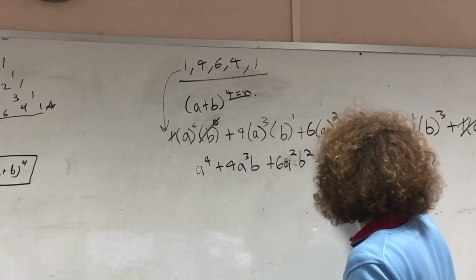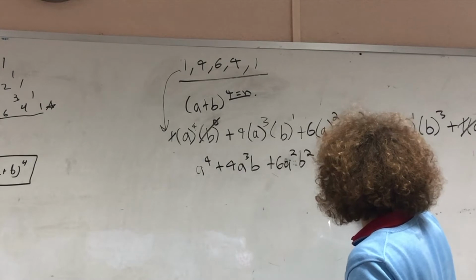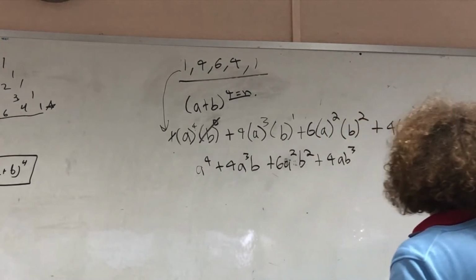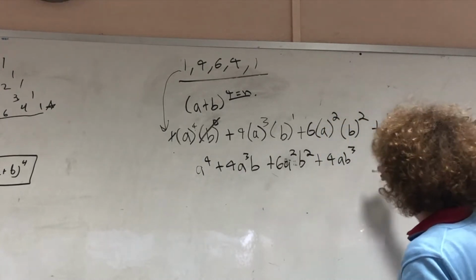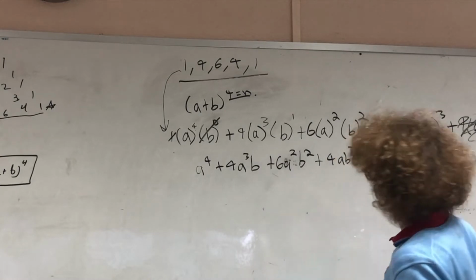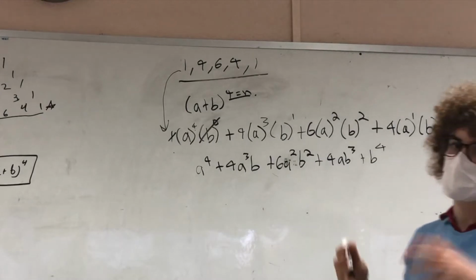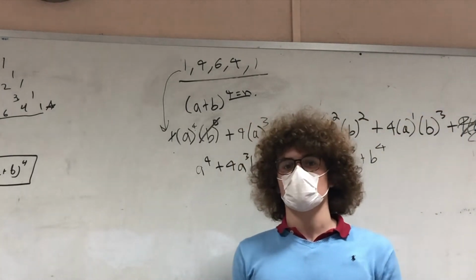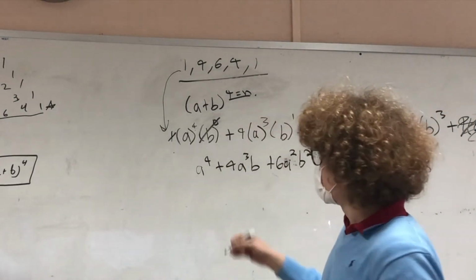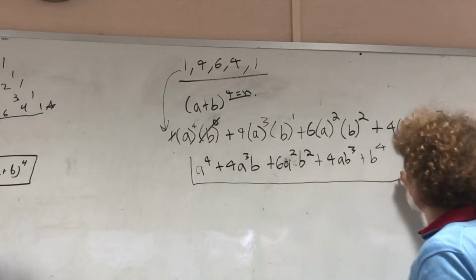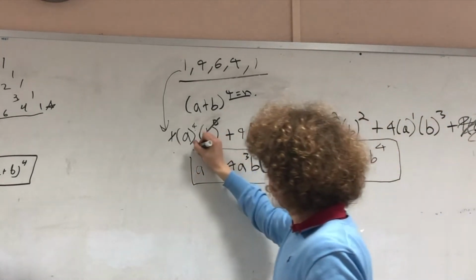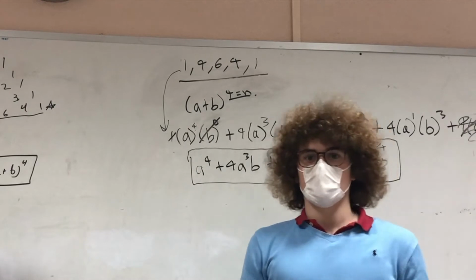This means 4ab cubed. And what does this mean? We took out this stuff, so it's just plus b to the exponent of 4. Now, this is exactly the same solution that we solved with that arduous method we found earlier. So utilizing the binomial expansion, we can simplify the expression and our lives a lot quicker.